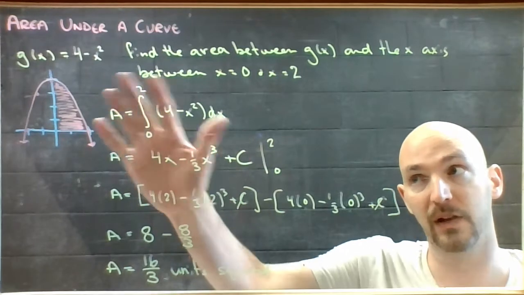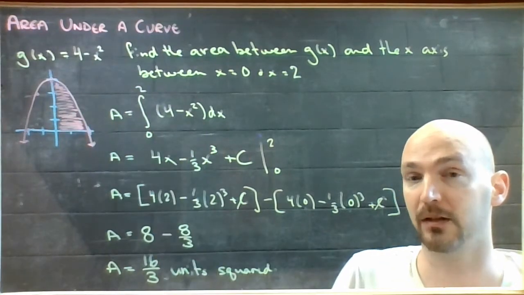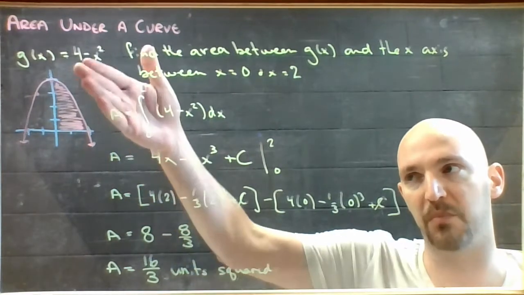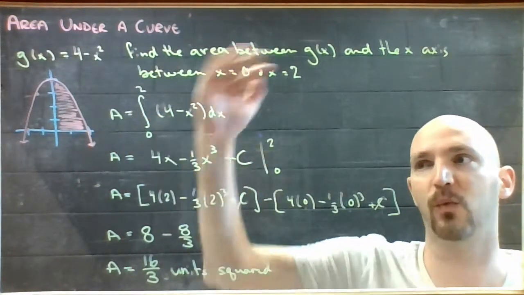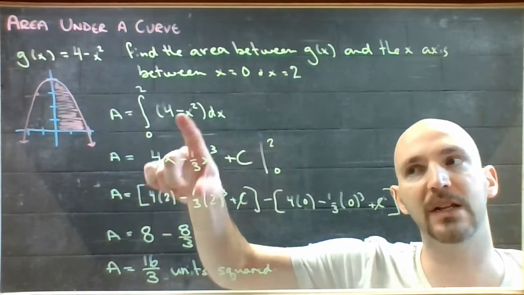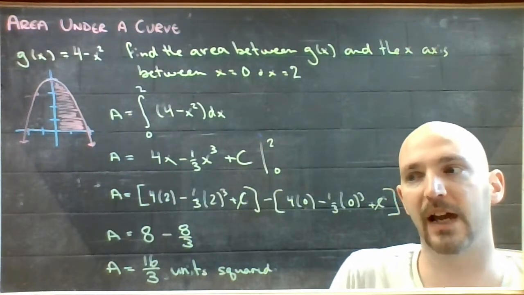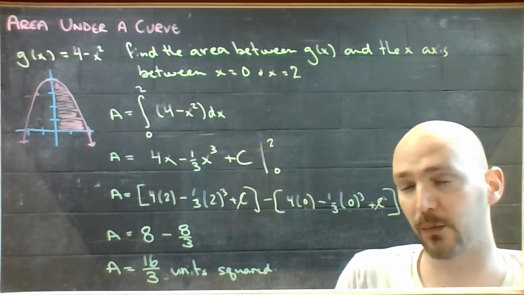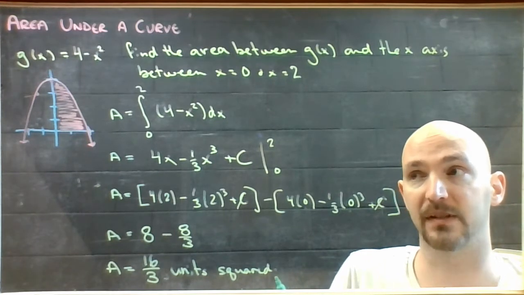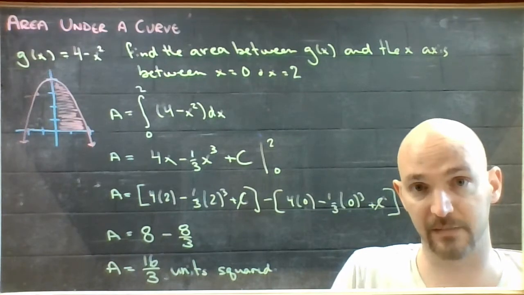But now you can do anything. As long as you can bind the function with one flat edge and one curved edge, all you need to do is integrate the curve and you'll have exactly the area involved. So we're going to do 3 more examples of this, and then I'll set you off to try the practice problems.